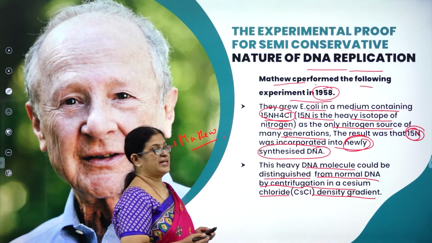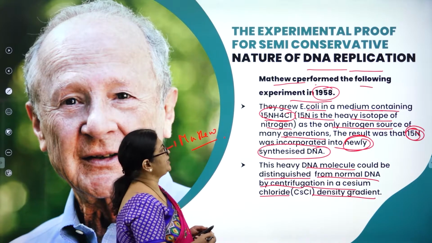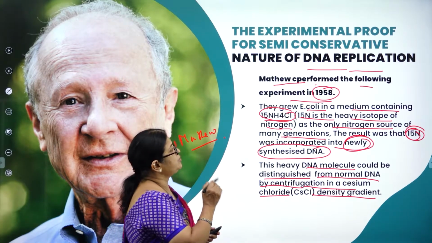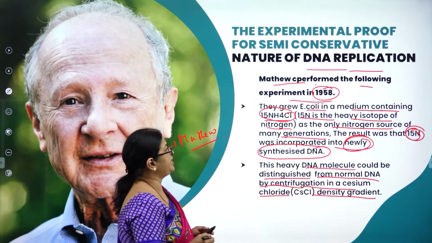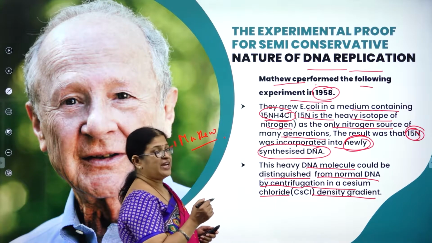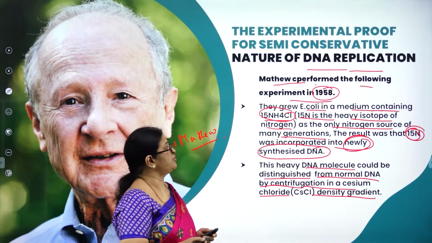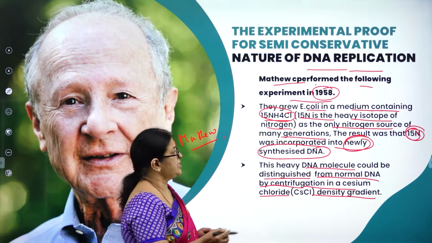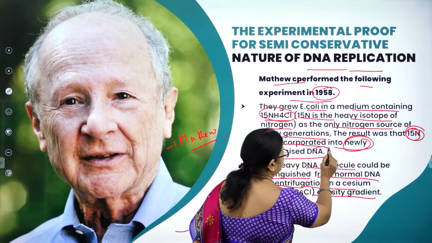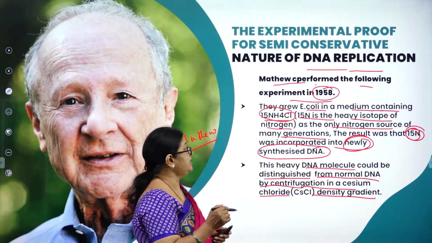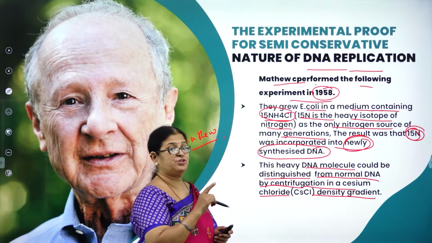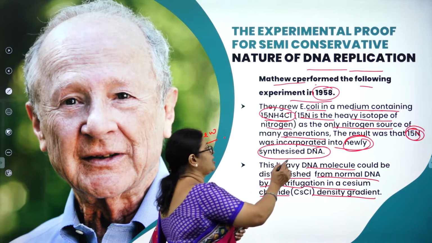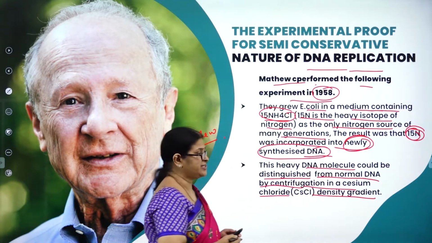So what did they do in this experiment in 1958? They grew E. coli in a medium containing the heavy isotope, 15NH4Cl, as the only nitrogen source for many generations. The result was that 15N, the heavy isotope of nitrogen, was incorporated into the newly synthesized DNA.